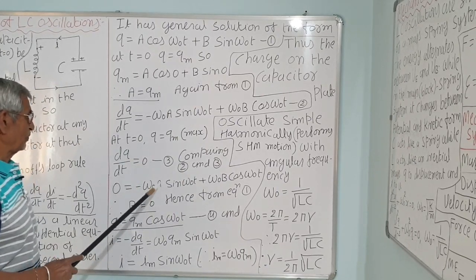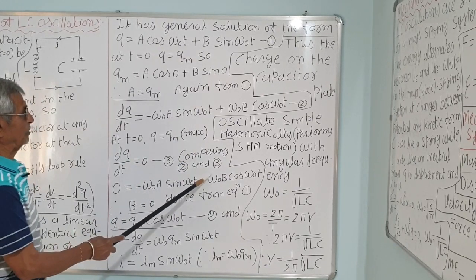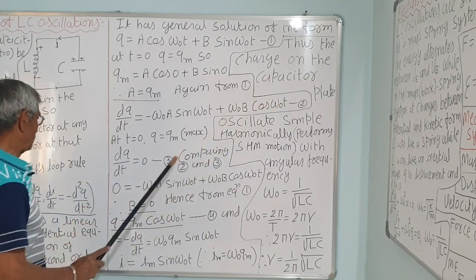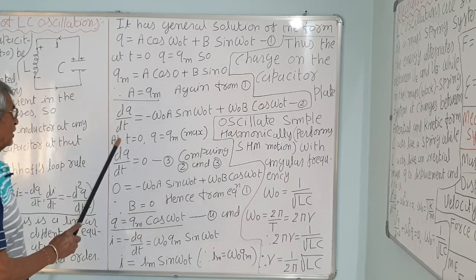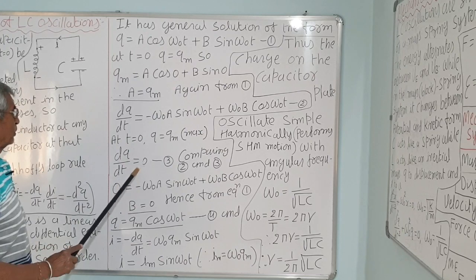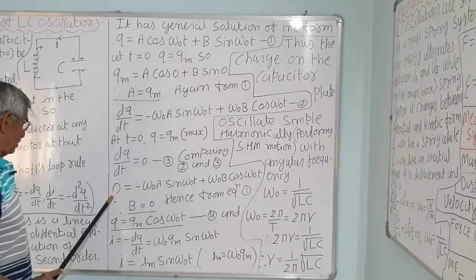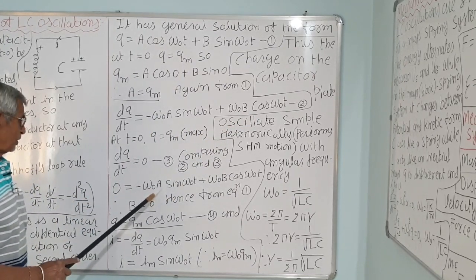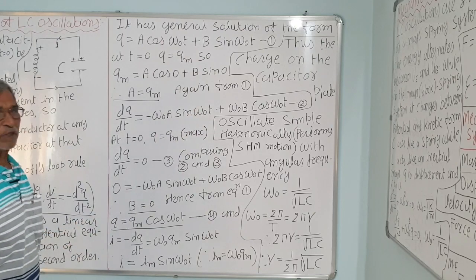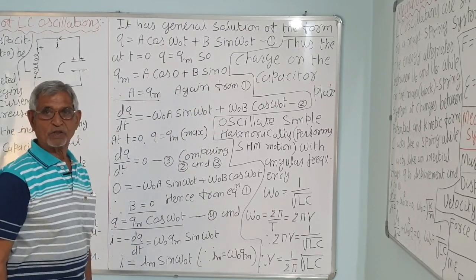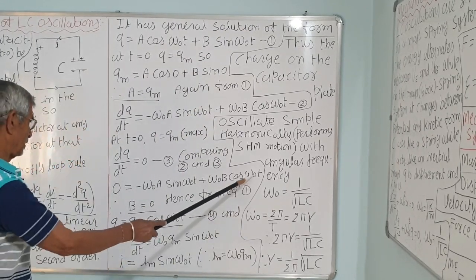Comparing equations 2 and 3, dq by dt is equal to this, and dq by dt is 0, so 0 is equal to omega 0 A sin omega 0 t plus omega 0 B cos omega 0 t, correct.